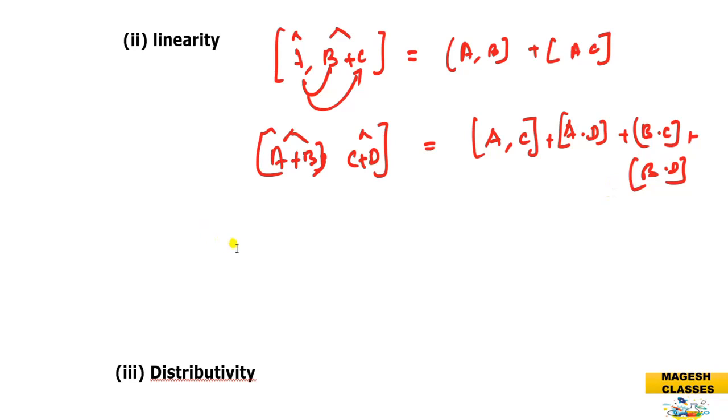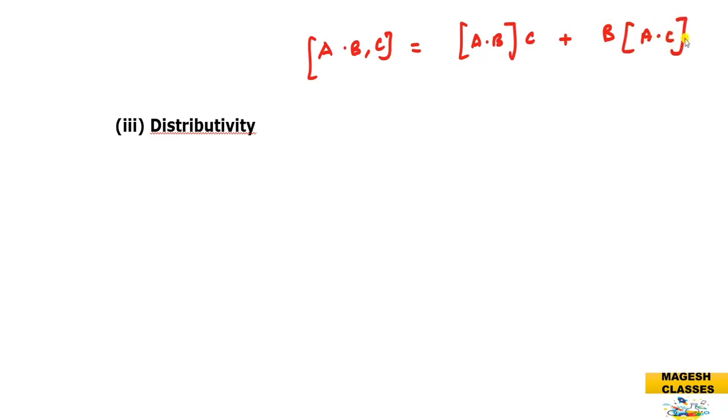The next one is the distributivity. So it is an important character of the operator. A into BC is equal to AB C plus B into AC. Okay. So right to left.